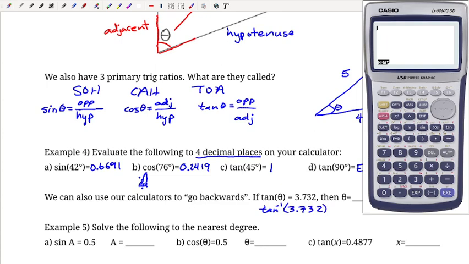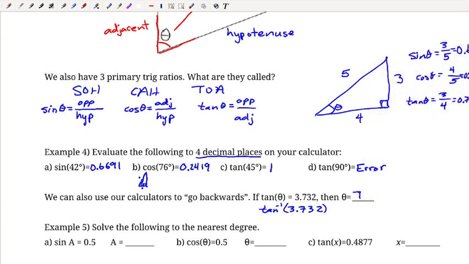So inverse tangent of 3.732, and it tells me, oh, the angle that gave me that, if I was going to round this to 2 or 3 sig figs, would be 75 degrees. I'm going to put my calculator away for a second. 75 degrees.